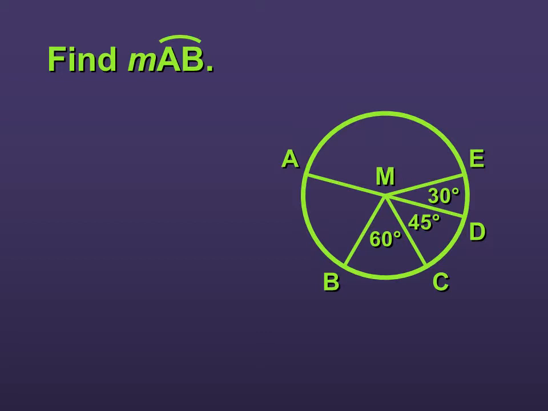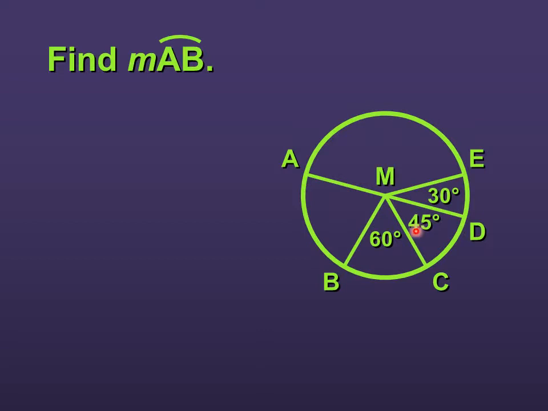All right, so I notice that I have AD as a diameter, which means that this is a semicircle right here. And I know that a semicircle measures 180 degrees, which means that this central angle plus this central angle plus this central angle has to equal 180 degrees.